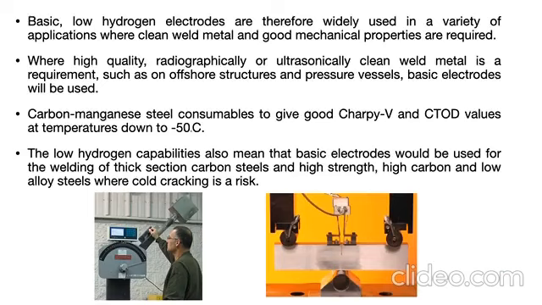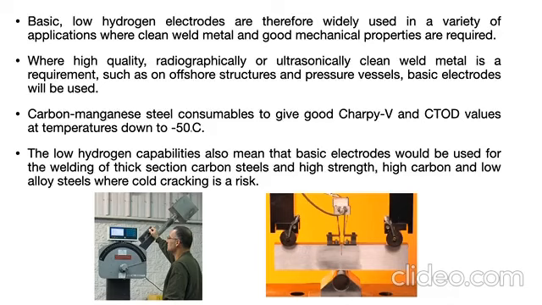This is what I just mentioned before. Wherever high quality or radiographically or ultrasonically clean weld requirements are there, we prefer these basic electrodes or low hydrogen electrodes. These, as I have told before, have a reputation of giving very good Charpy V-notch toughness as well as CTOD.